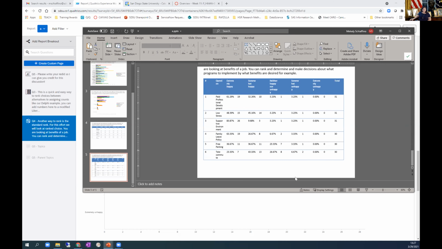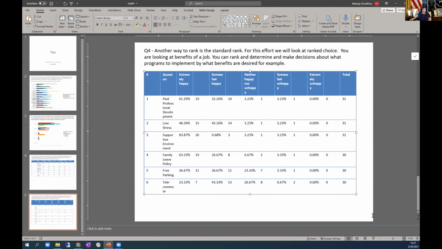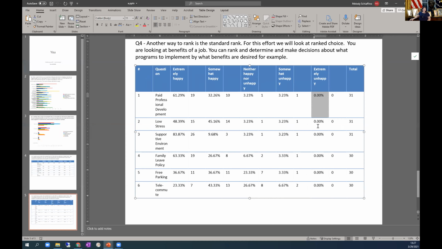If you look at these responses, you guys see this? Can you see how this entire row is all zeros?